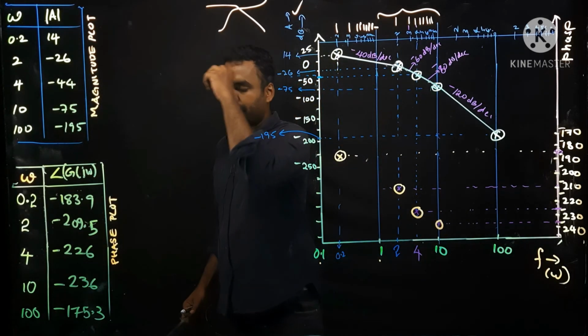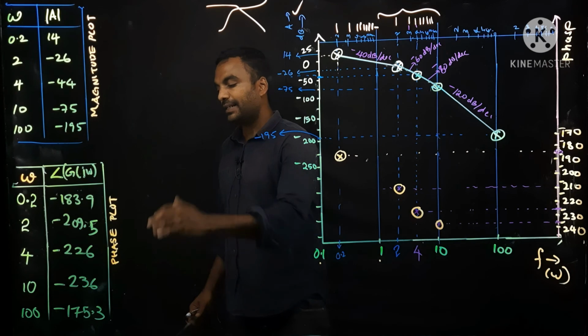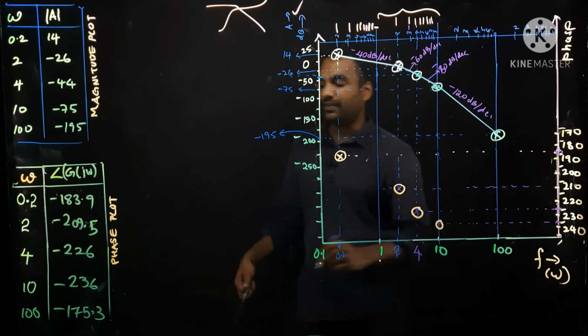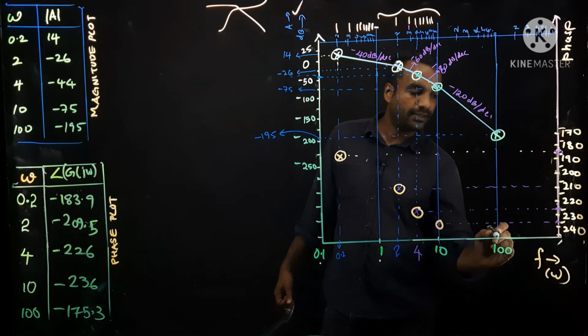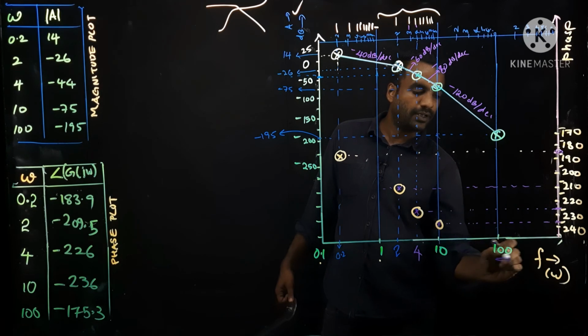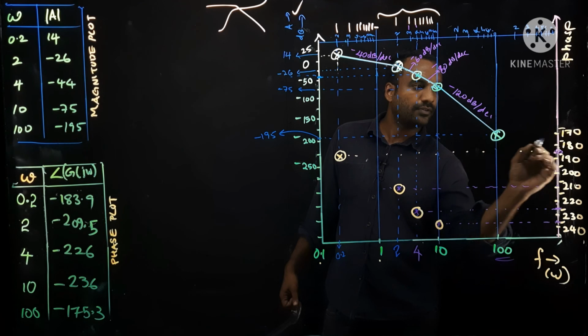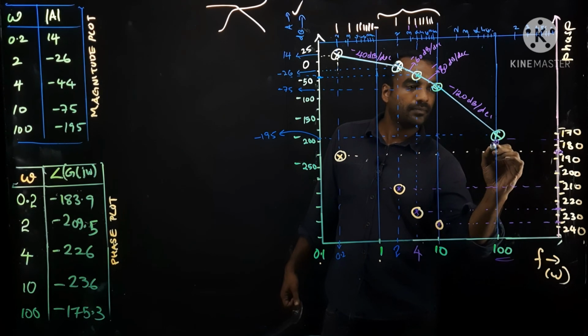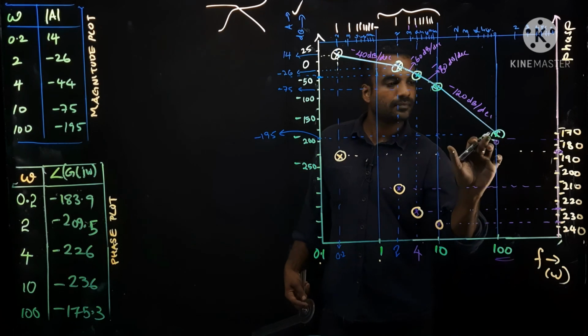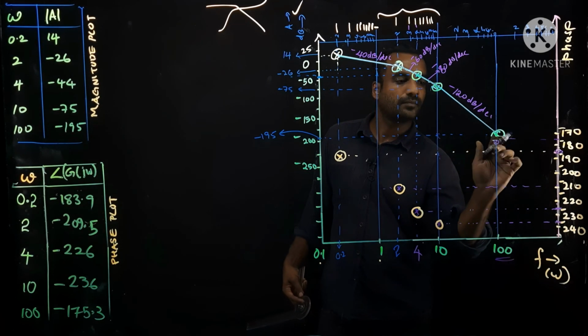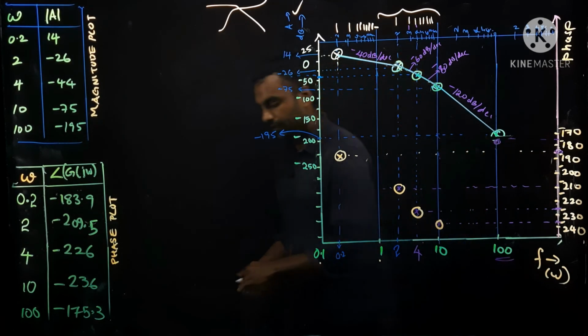And for the fifth point, you can see there is a decrease in the value. At 100, it is minus 175. This is the point of 100, it is minus 175. Okay, this will be that point.